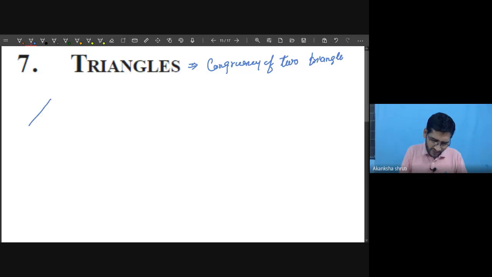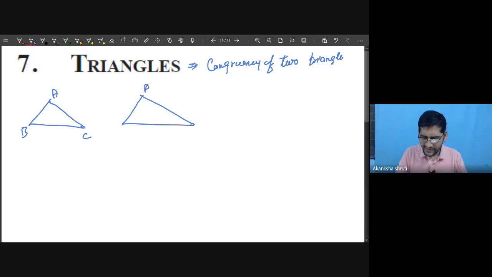Students, we are always given two triangles. Let us call this triangle ABC, and another triangle PQR. Congruency means the two triangles look exactly identical. If we place one triangle over the other, it will hide it.